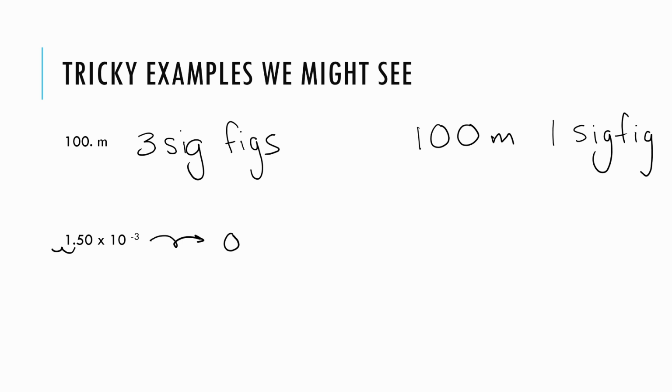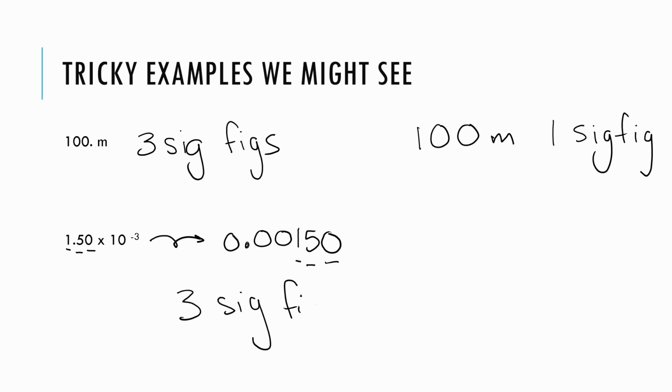So 1, 2, 3. And in this case, we get 0.00150. Now, what we have here is the 1 and the 5 are significant. I'll underline these. And then because there is a decimal place, this last 0 is also significant. So this number also has 3 sig figs.